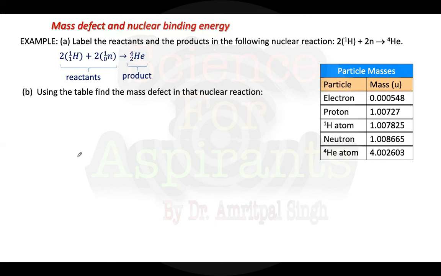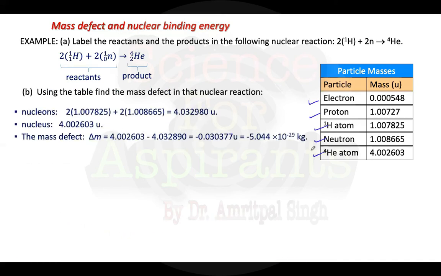The table shows the atomic mass units of electron, proton, hydrogen, neutron and helium atom, and using this we find the mass defect of this nuclear reaction. You can see the total number of nucleons within the reactants: there are two protons and two neutrons.